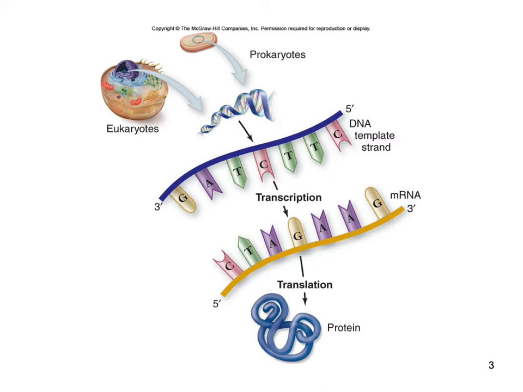So you're transcribing like the monk in some dark place with a candle. However, information flow from RNA to protein is going to a completely different language, right? It is going from the language of nucleotides to the language of proteins, which is amino acids. And that is translation.